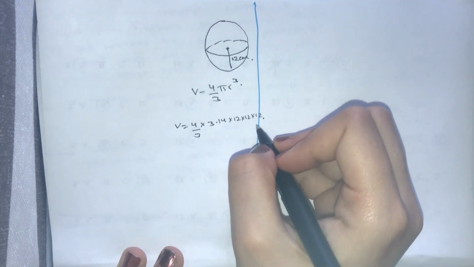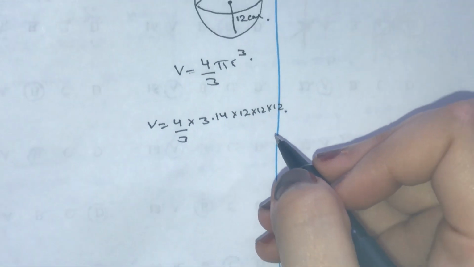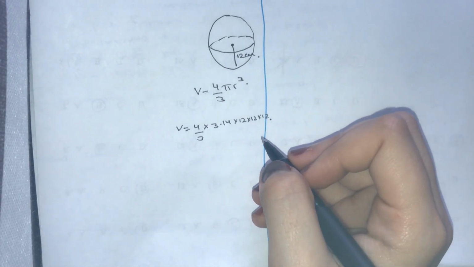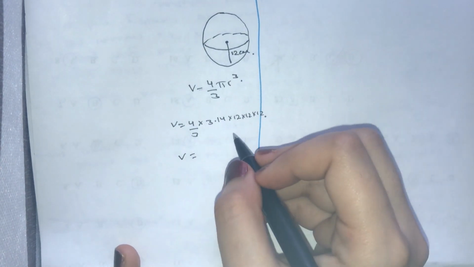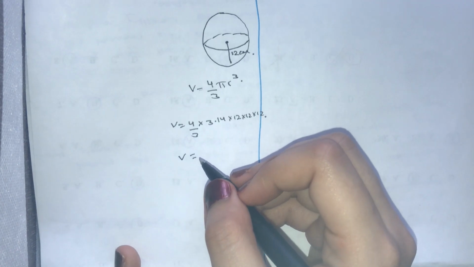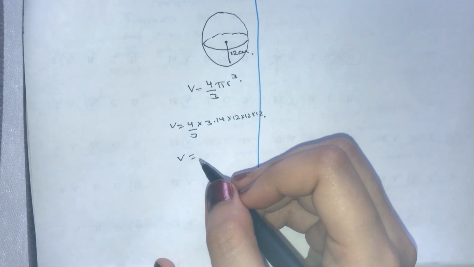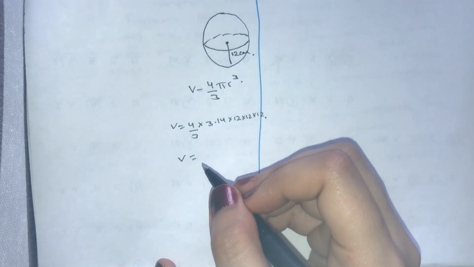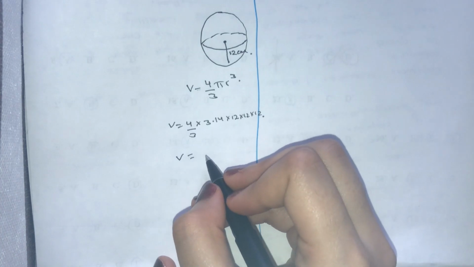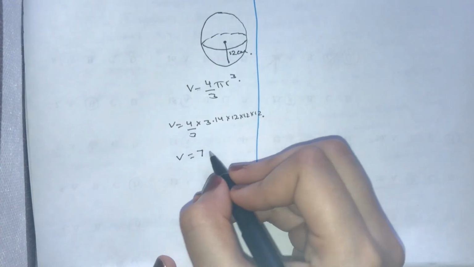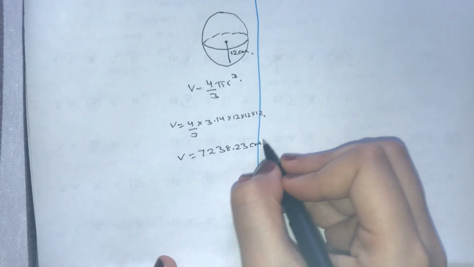Can you see this? 12 times 12 times 12. When you multiply this, you can either use a calculator, or if you're good at multiplication and sure you won't make a mistake, or if you're not allowed to use calculators in your school, you just do it by hand, and the answer you'll get is 7238.23 centimeter cube.